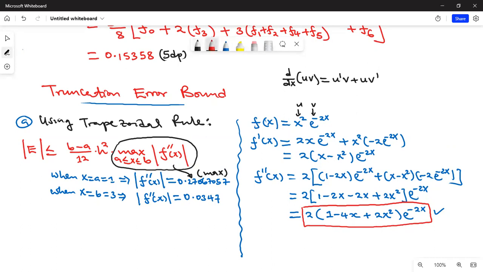So you can say that therefore, the absolute error should be less or equal to 3 minus 1 over 12, 1 over 3 squared, that's h squared, times 0.2706, 7057.